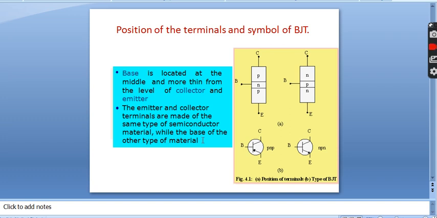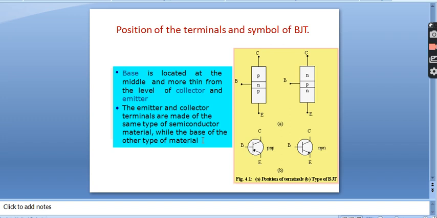In the case of a PNP transistor, the collector and emitter will be made up of P type. In the case of an NPN transistor, the collector and emitter will be made up of N type material. In between, the other type of material is our base.